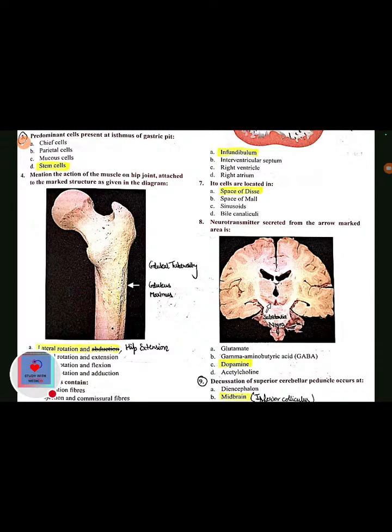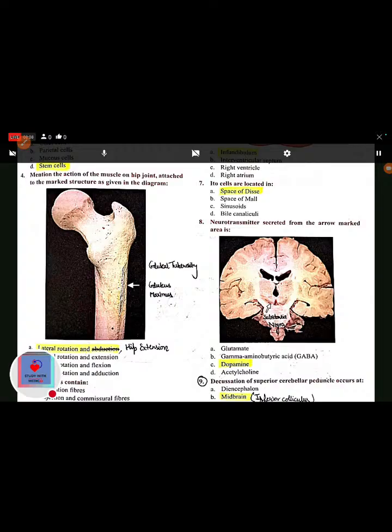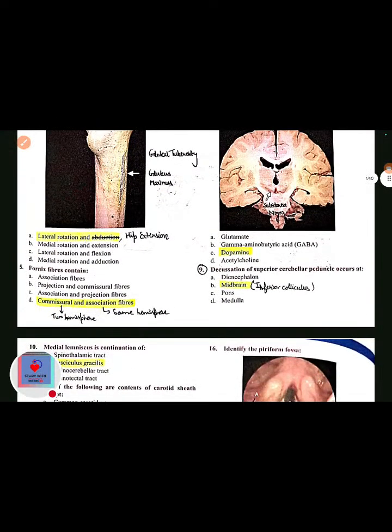Insertion: the more distal, further from the trunk, and generally more mobile attachment point. When a muscle contracts, its insertion point moves towards its origin, causing movement at the joint it crosses. Here's a breakdown of the major muscle groups acting on the hip joint and their typical attachments. 1. Explain to me the attachment of different muscles on the hip bone with the help of analogy and diagrams.